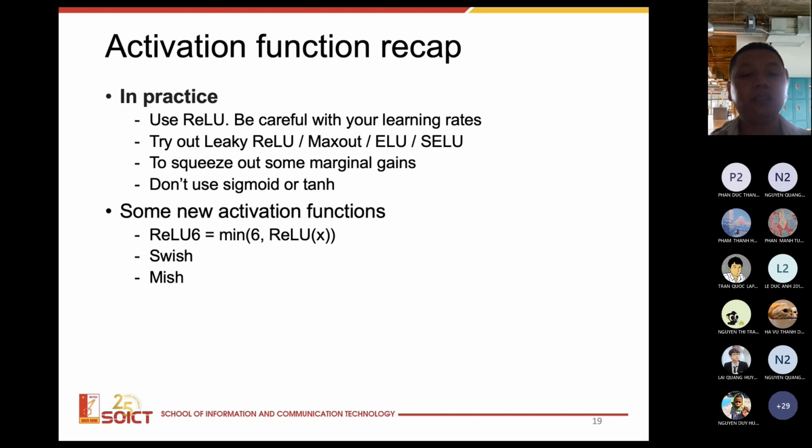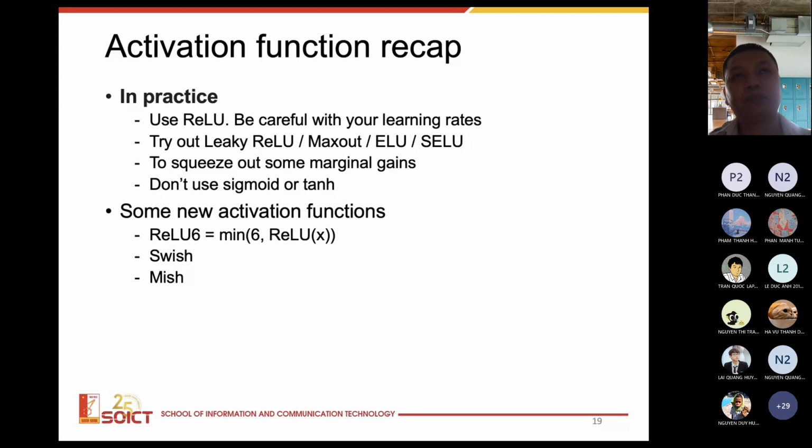Okay, you might try out the Leaky ReLU, maxout ReLU, or other ReLU variants, and somehow they can boost the performance of the network, but not in every case. So this is just a suggestion that you might try out, right? Don't use sigmoid all the time.